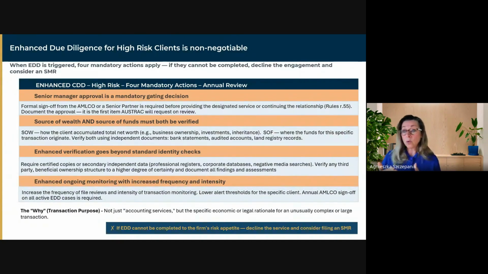And that's one of your greater risk indicators as well. So you really need to get down to that 25% ownership or greater of your entities, and that is your UBO. And where that 25% ownership is owned by an entity, you need to understand who the UBOs are of that entity.